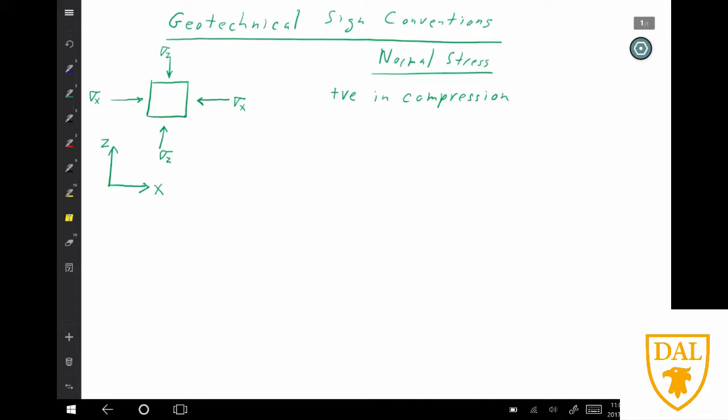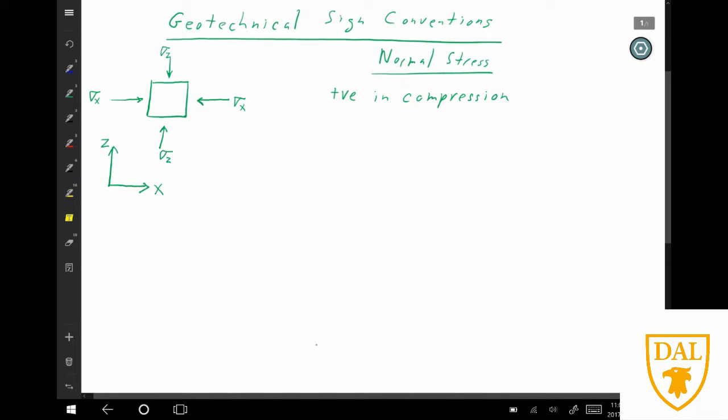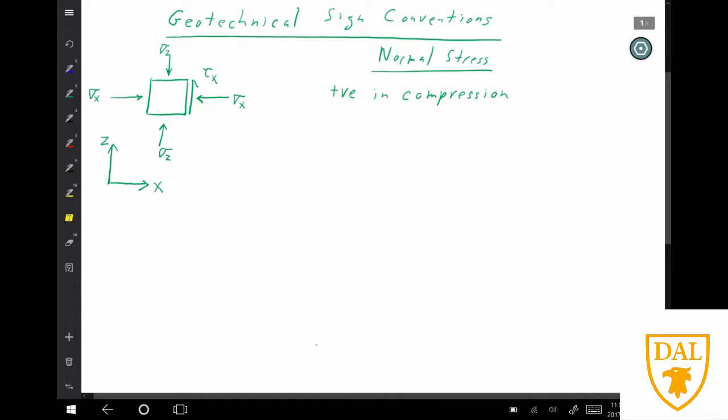And the subscripts are usually ordered in terms of what face the stress is acting on, followed by the direction that it's acting. So for instance here, we have tau, and it's on the x face in the z direction. So that's tau xz.